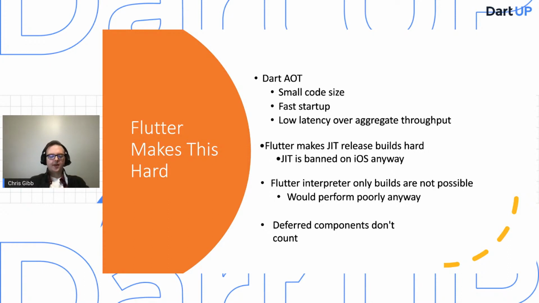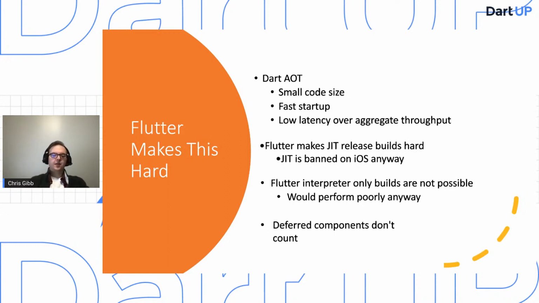That we expect them to start up fast. We expect them to reach peak performance immediately. These are all qualities we expect, and this is a huge part of what makes Flutter so fantastic. Right, this is a gigantic selling point for Flutter. So I don't want to say this is bad, but it makes our scenario of alternative distribution very hard.